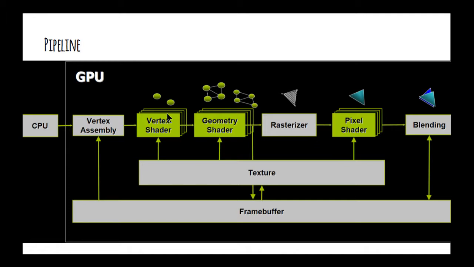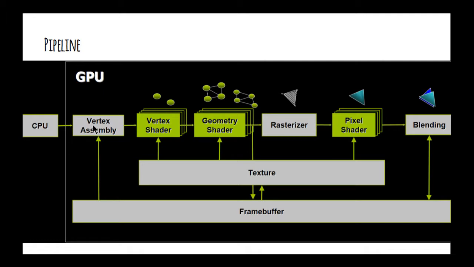As we can see, there are multiple vertex shaders. Just to note, the colored rectangles are programmable units. It means the programmer, like us, can really deal with these shader components.